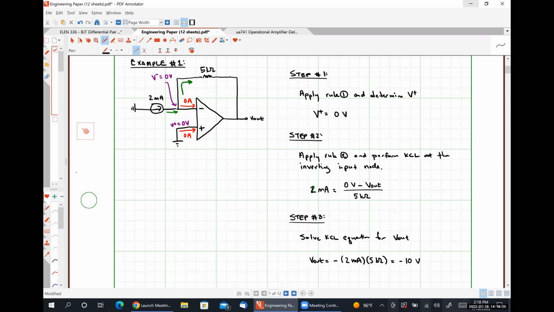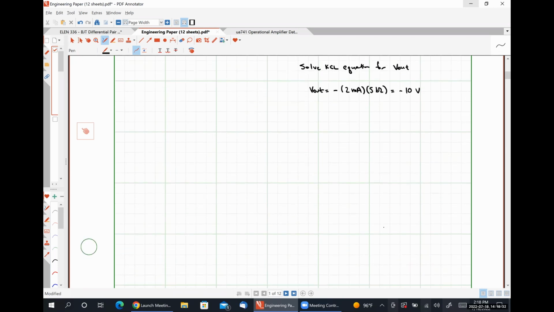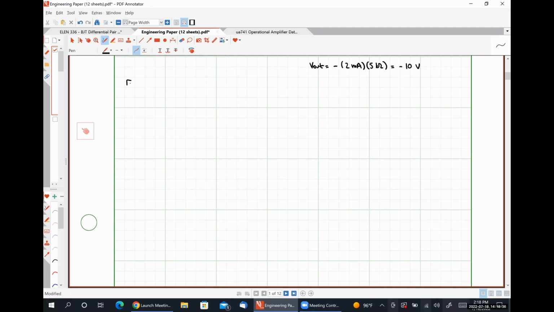All right. Let's look at a second example problem. So we're going to start with our op-amp.